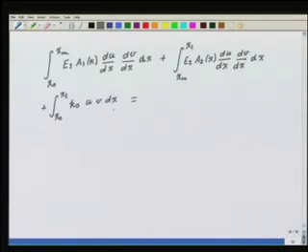So this is the part due to the spring, the stiffness part due to the spring. This will be equal to integral x0 to x1 f v dx.